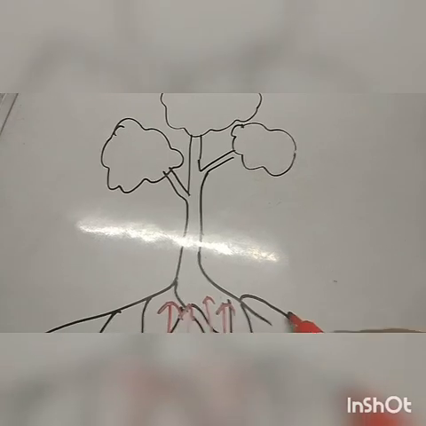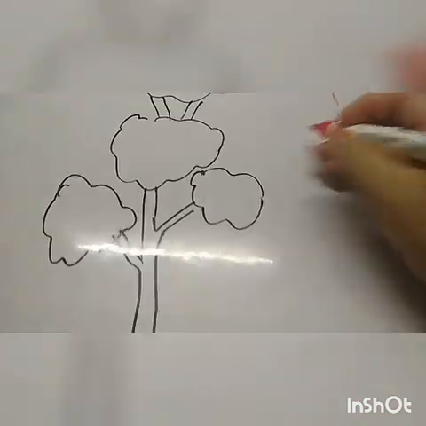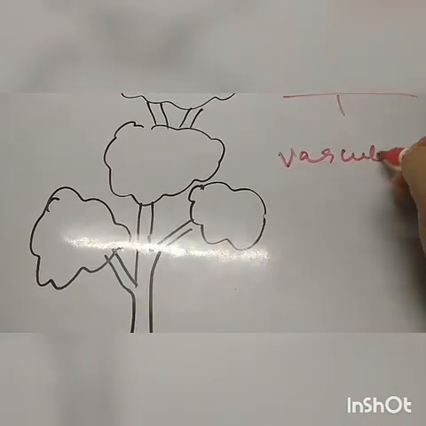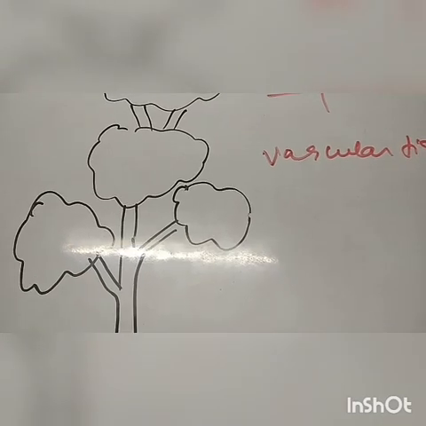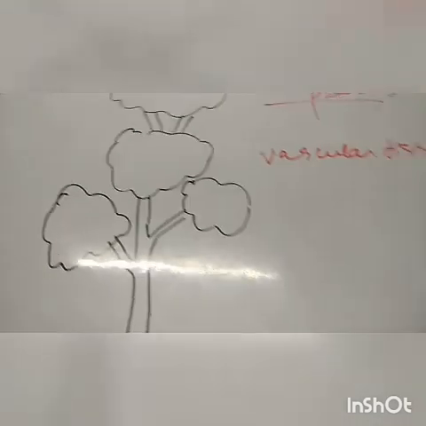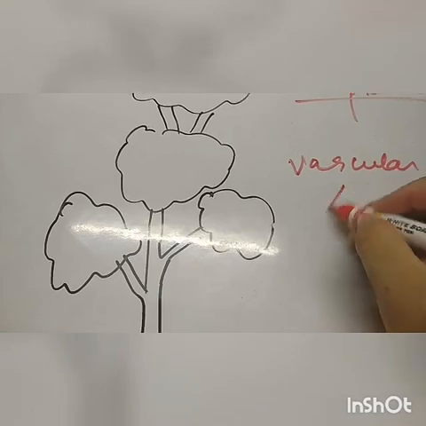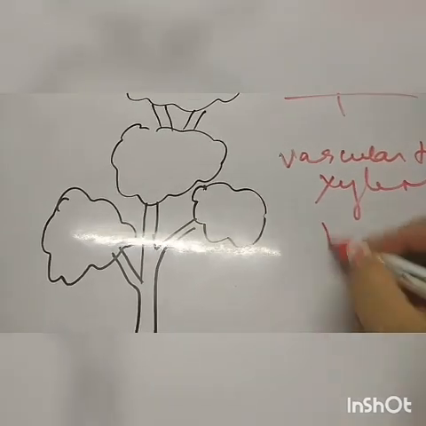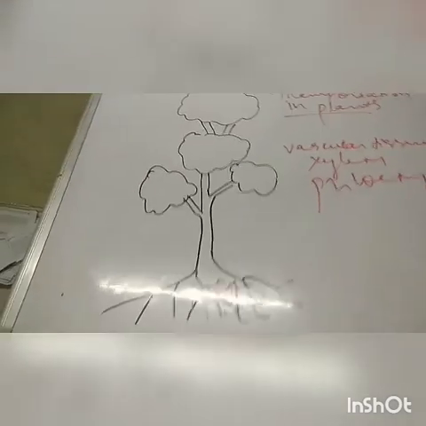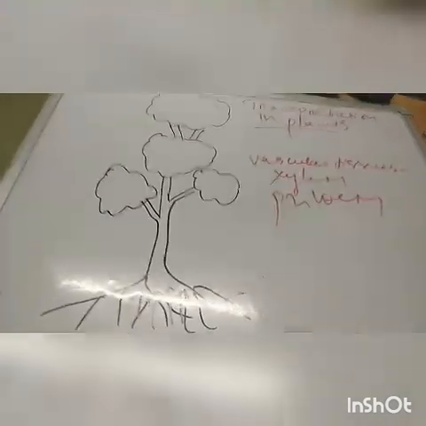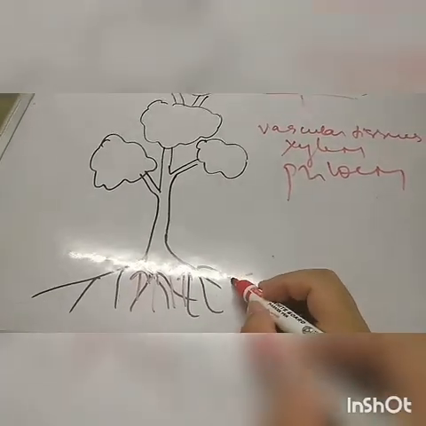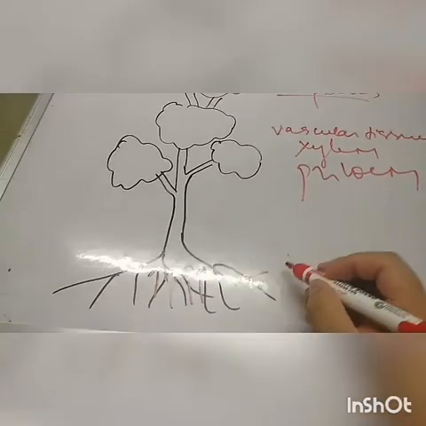There are the roots. I have told you before that there are two vascular tissues involved in transportation. Number 1 is xylem, number 2 is phloem.